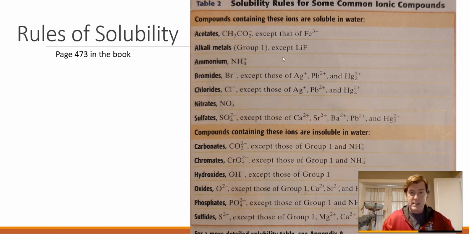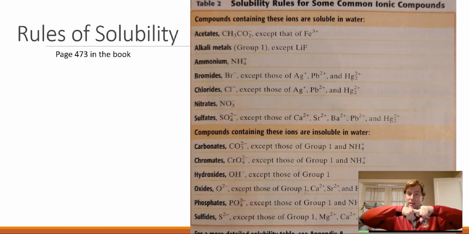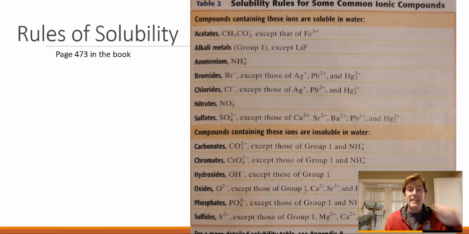Now, there is an exception there, iron 3. For some reason, something with iron 3 sticks so well with the acetate that the water can't pull it apart. So we would say it's insoluble. It does not dissolve in water.